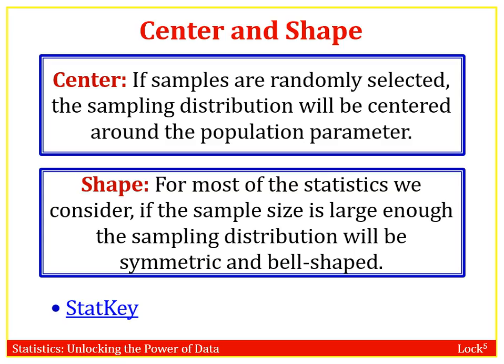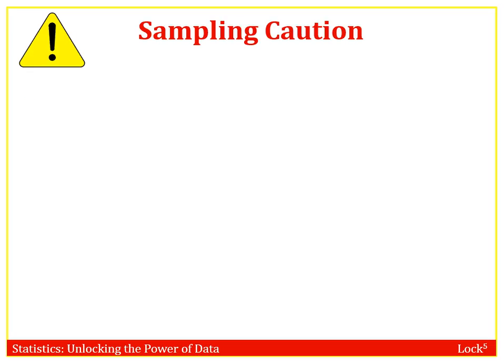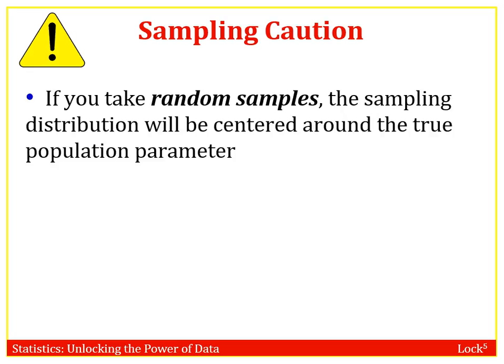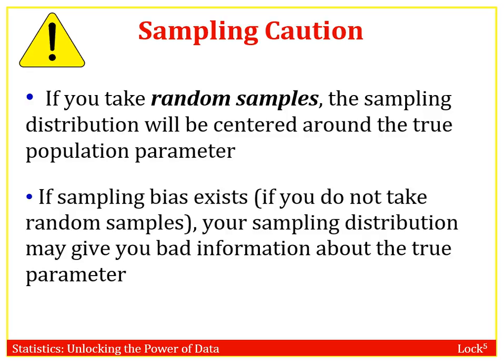I'll be showing you StatKey a little bit later in another video. So just be aware, we want to take random samples, and if we do that, our sampling distribution should be centered on our population parameter. However, if you have a biased sample, your sampling distribution will give you bad information about your parameter.